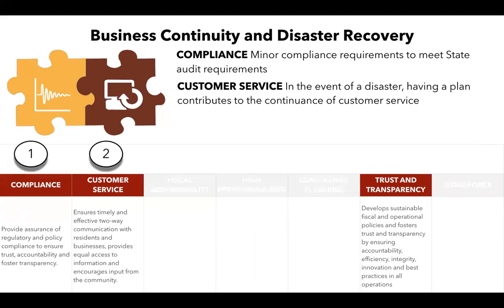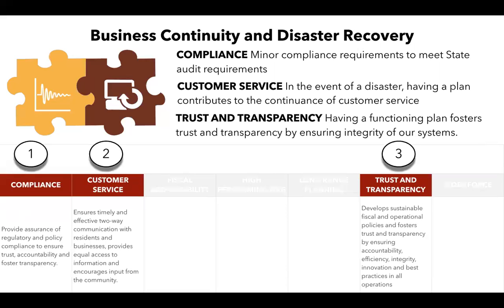Customer service, it scored a 2. In the event of a disaster, having a plan contributes to the continuance of customer service. Trust and transparency, it scored a 3. Having a functioning plan fosters trust and transparency by ensuring integrity of our systems. So each one of those descriptions after the score were comments that were left by the department scorer.